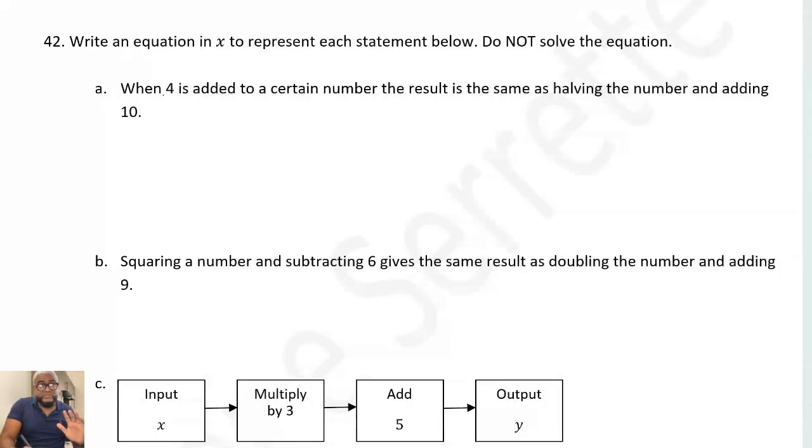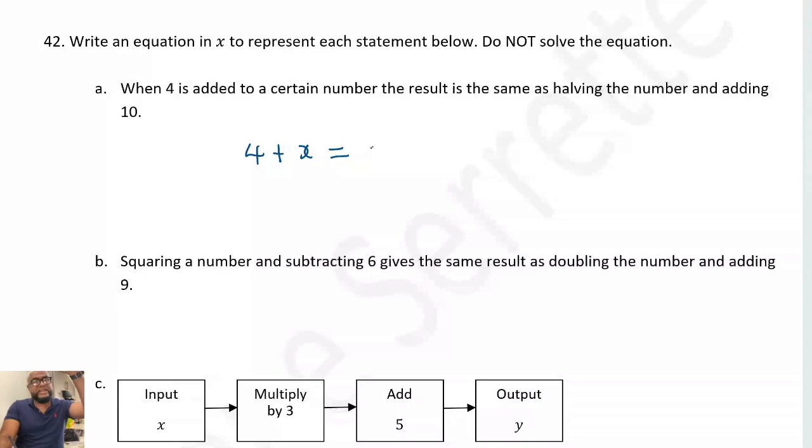When 4 is added to a certain number, what do we call that certain number? x. When 4 is added to a certain number, the result is an equal sign. The result is the same as half the number. Remember, I talked about half of a number above.